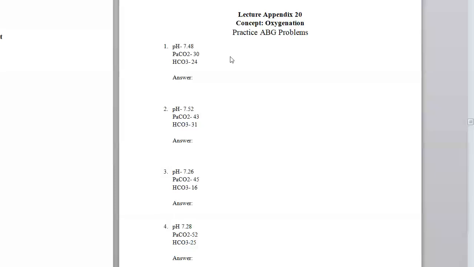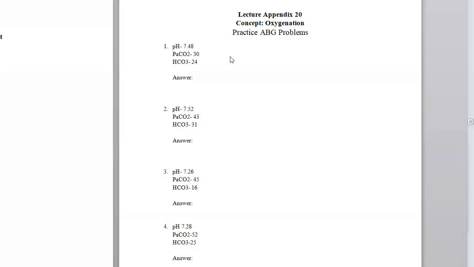So 30 is on the alkalotic side. Then we look at our bicarb, our HCO3, and it's 24, which is within normal range. So the answer to this problem is respiratory alkalosis. I hope that makes sense to you, okay?